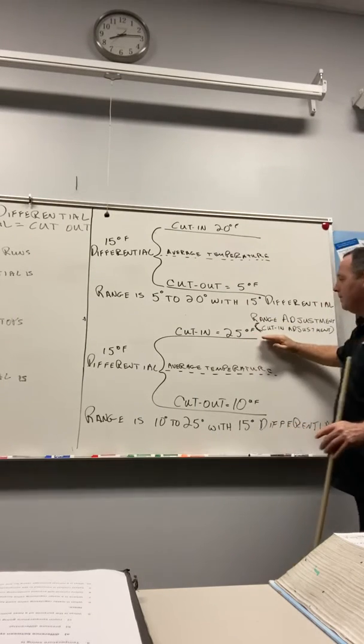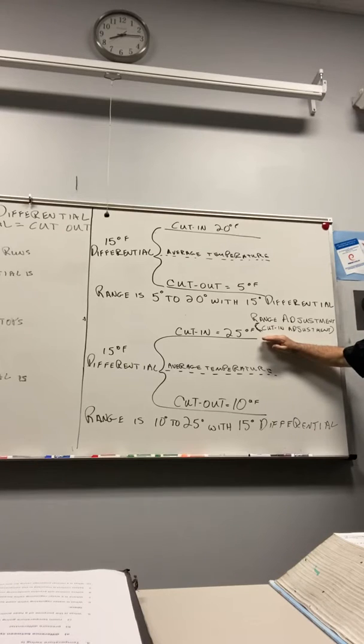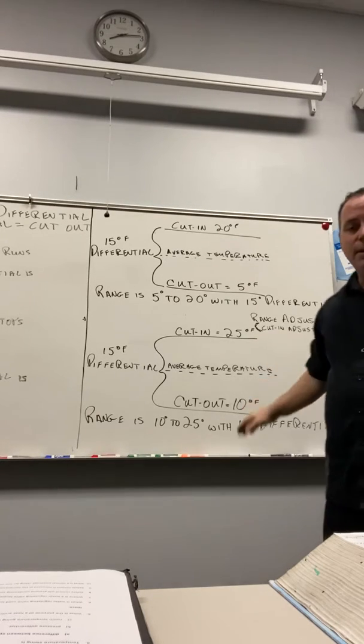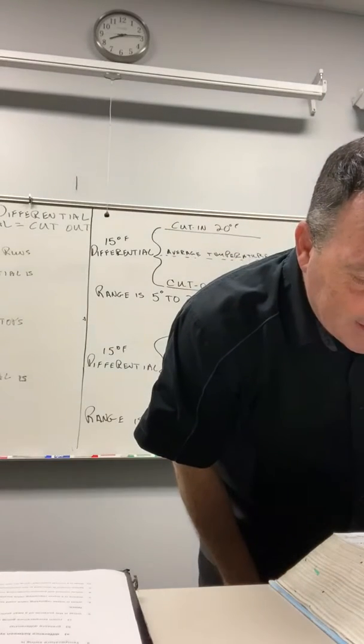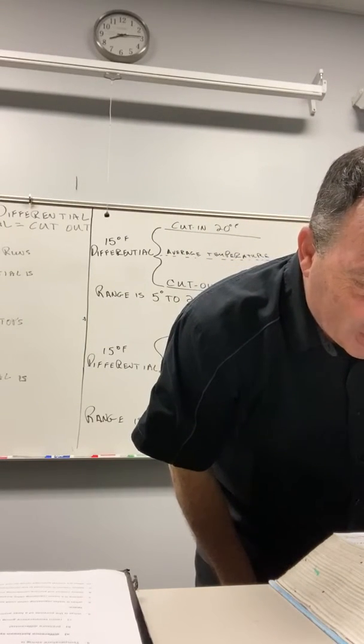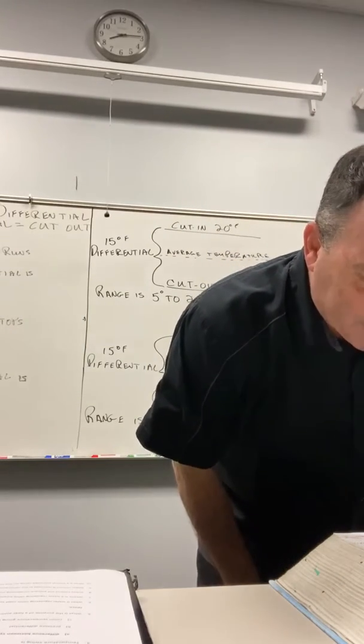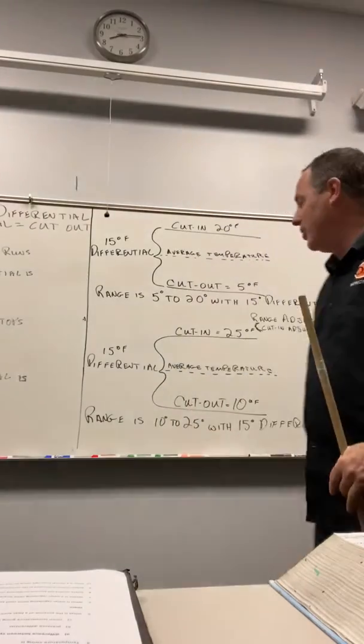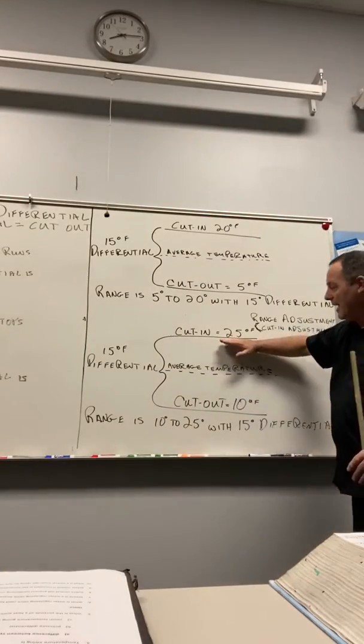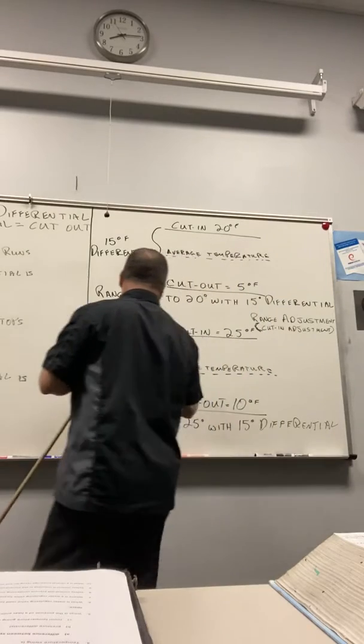Now here, we changed something, didn't we? All right, what does your book say again? Changing the cut-in setting without changing the differential automatically changes the cutout. So let's add 5 degrees here.